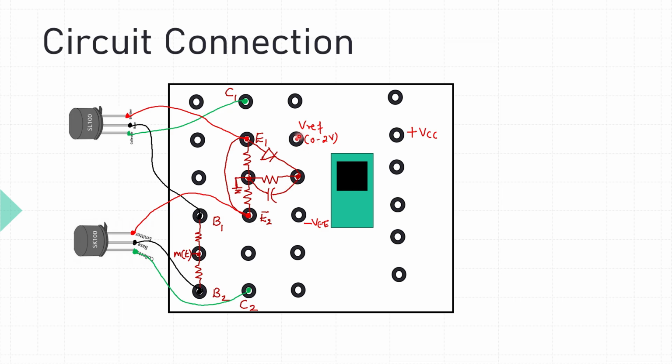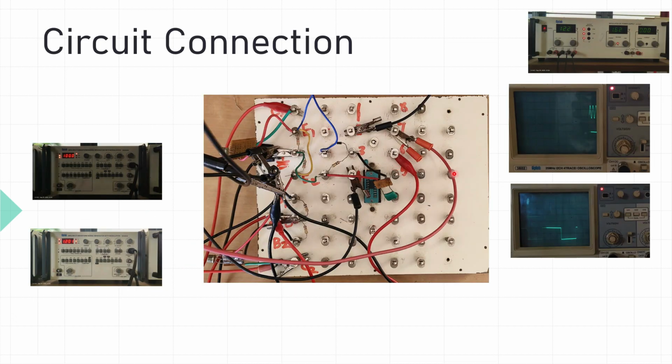So apply the reference voltage to pin number 2 and apply the biasing voltage to the op amp, plus VCC to pin 7 and minus VEE to the 4th pin, and you observe the output at pin number 6. You are able to see the output after connecting the cables like this.